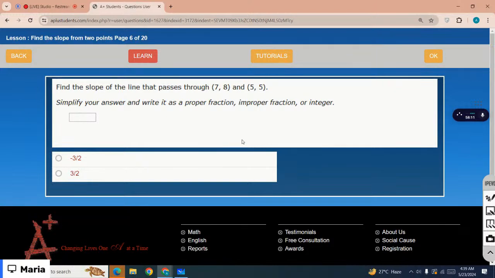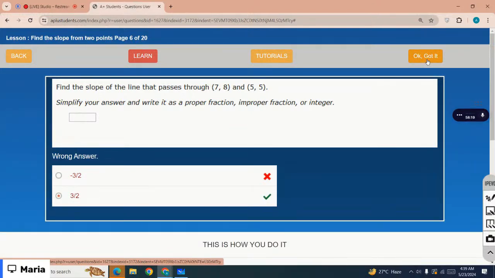The correct option is 3 over 2. Option number 2 is the no. Option number 1 is the correct option. That's negative 3 by 2, right? Oh, 3 by 2 it is. Okay, got it.